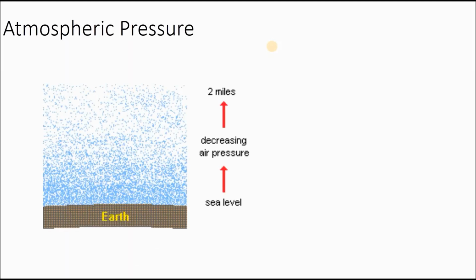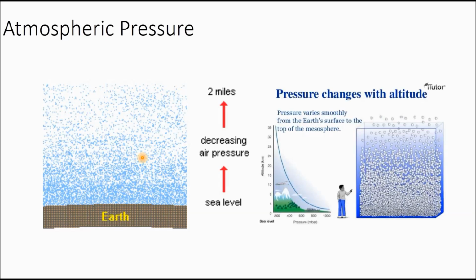And if you see the atmospheric pressure, this is the atmospheric level at sea level, and if you go above, the air pressure decreases, because the molecular density is also less on the top surface and more dense at the earth's surface. So if you go away from the earth, the air pressure or the atmospheric pressure falls down.